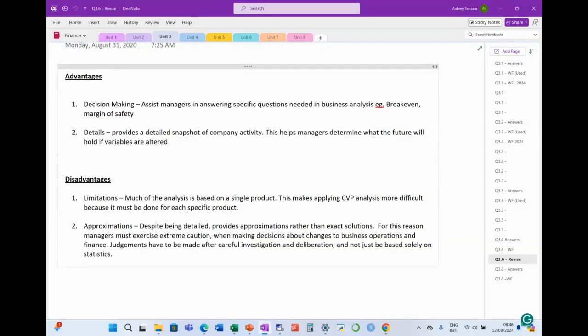But over and above that, even things like if we decide to run a promotion, like we saw in question 3.1, what are the impacts of that? So decisions extend beyond just the two illustrated there. It provides a detailed snapshot of company activity. This helps managers determine what the future will hold if variables are altered.